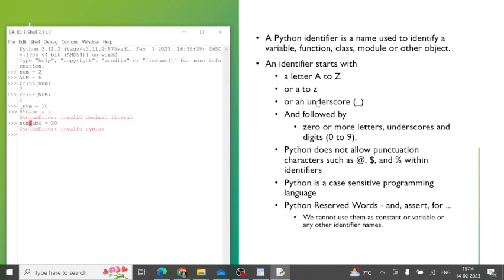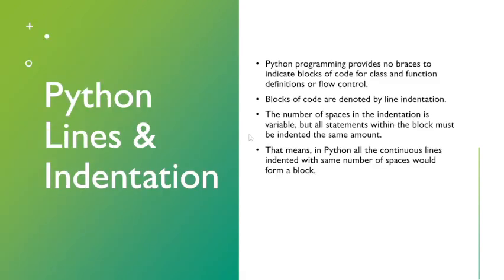Again, the same syntax error. We cannot use that. And lastly, about reserved words: if I use and equal to 20, again it gives invalid syntax. So I hope you are clear with the rules for identifiers. Let's move on to the next rule, about lines and indentation.